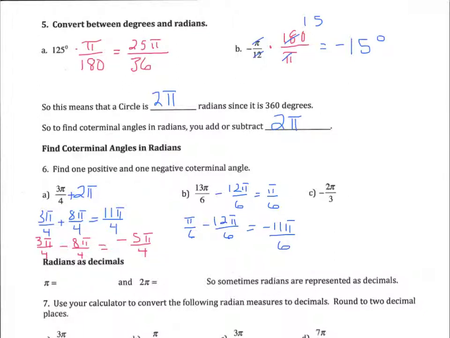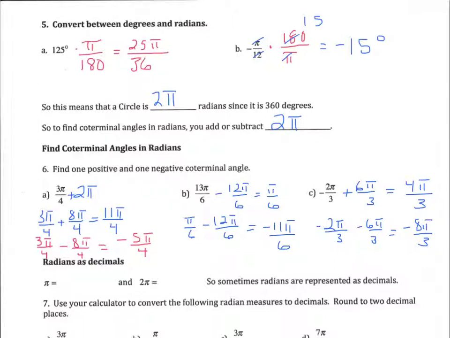For part C, if we add 2 pi or 6 pi over 3, we get 4 pi over 3 as a positive coterminal angle. And if we subtract, we get negative 8 pi over 3 as a negative coterminal angle.